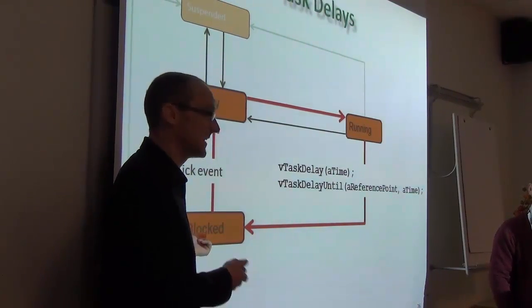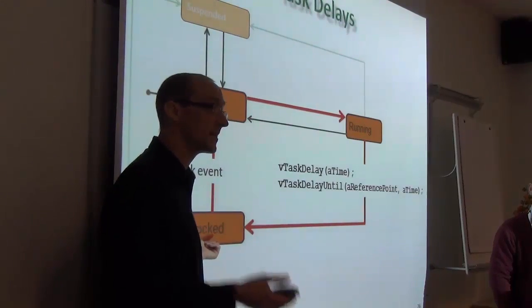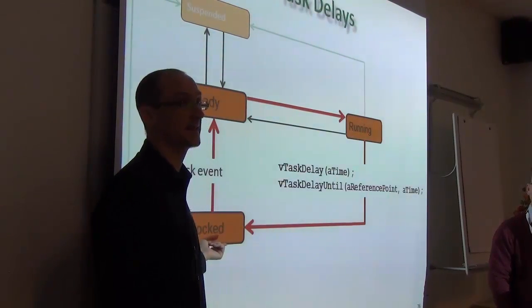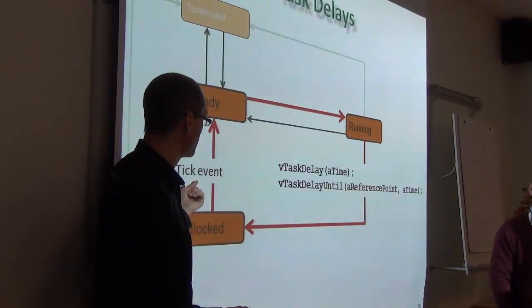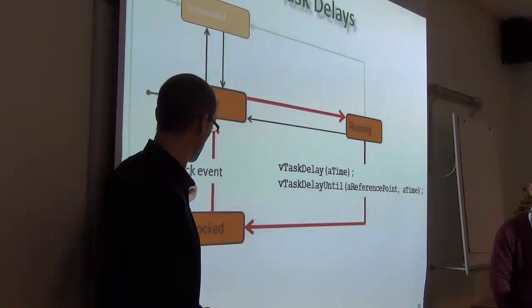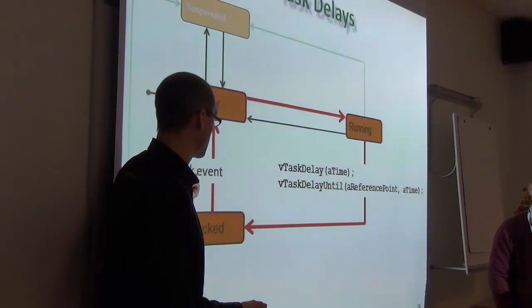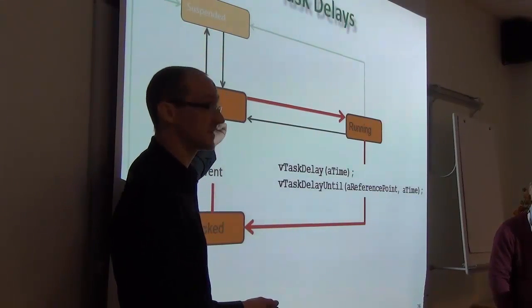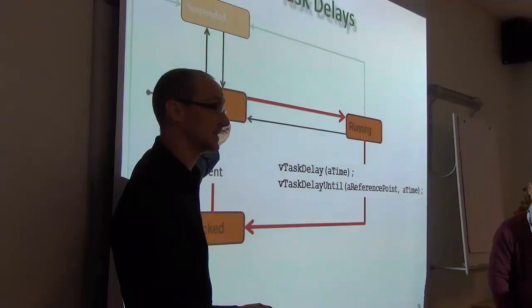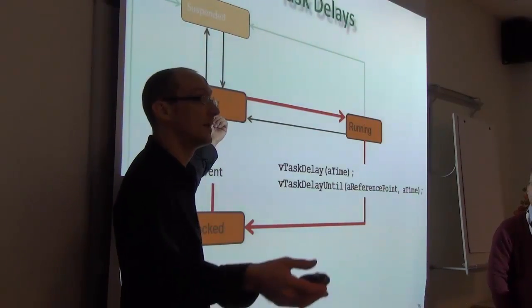When it's in the blocked state, it's not using any CPU time, so lower priority tasks can then execute, and that's the important thing. When the event occurs, in this case a timing event, an interrupt tick, the scheduler knows that 200 milliseconds is over and will move that task into the ready state.